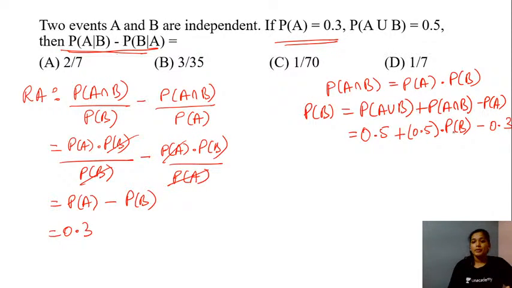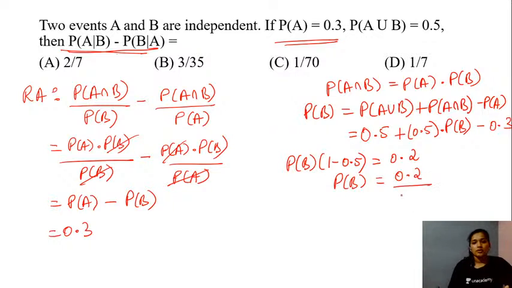Yes, so grouping the terms again, the probability of your event B would be 1 minus 0.5, which is equal to 0.5 minus 0.3, which is 0.2. 1 minus 0.5 is 0.5. So the probability of your event B would be equal to 0.2 divided by 0.5, which in this case is 2 by 5. Yes, so we will take the value as 2 by 5.